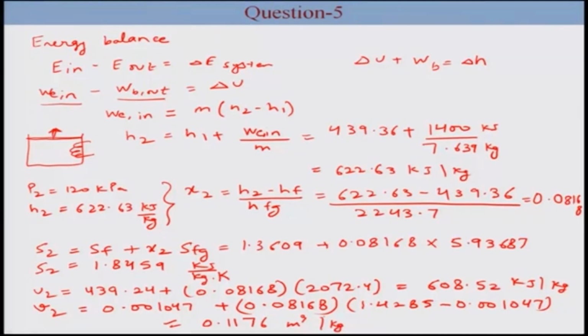Now, we know the different properties at the exit state. The reversible work input, which represents the minimum work input, in this case can be determined from the exergy balance by setting exergy destruction equal to 0. So applying exergy balance, which is X in minus X out minus X destroyed is equal to delta X of the system.